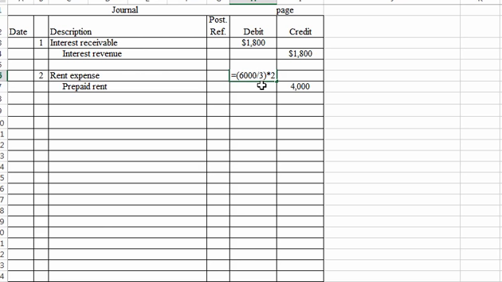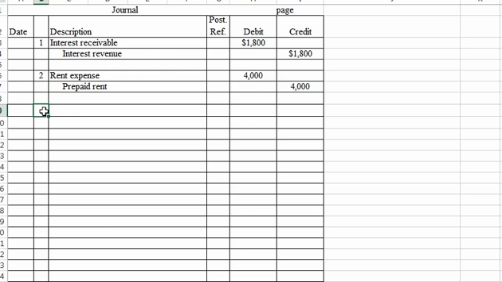Now, how many months of rent have been used up or expired? Well, November and December, so we multiply by 2. That gets us our $4,000. That's an increase to rent expense and a decrease to prepaid rent. Rent expense is an expense account, increases on the debit side. Prepaid rent is an asset account, decreases on the credit side.